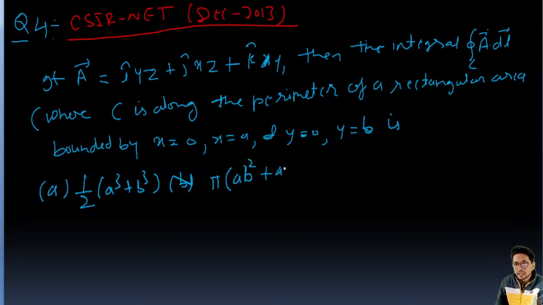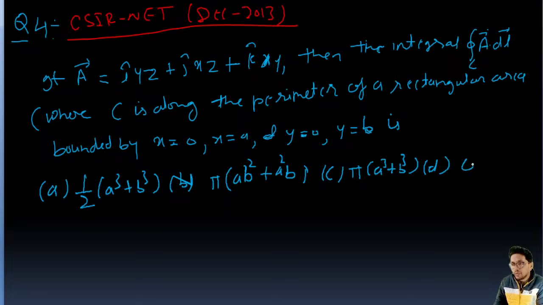Option C is pi (a cube plus b cube), and option D is 0. Okay, so this is the question, guys, which is asked in CSIR NET December 2013.